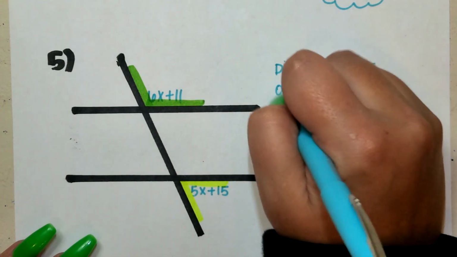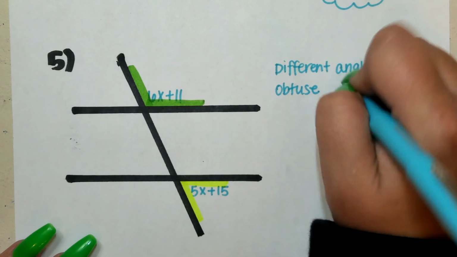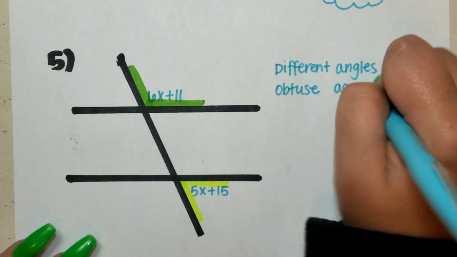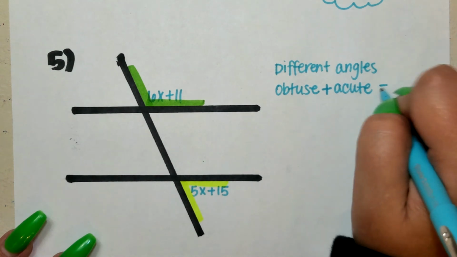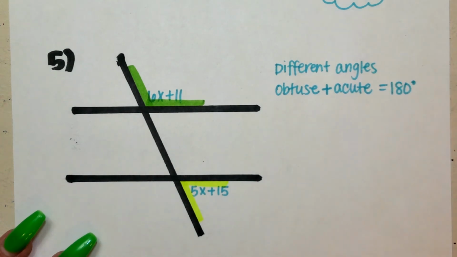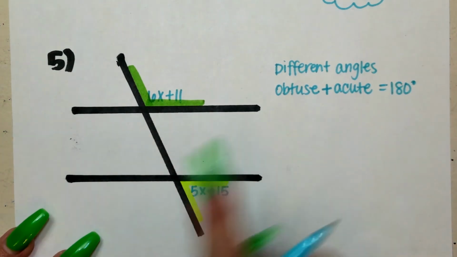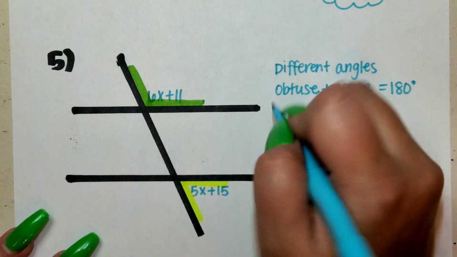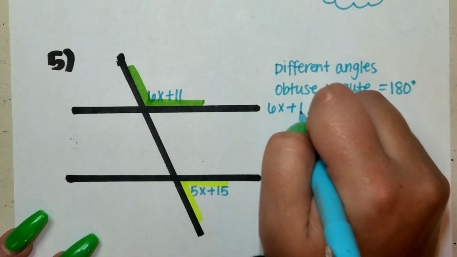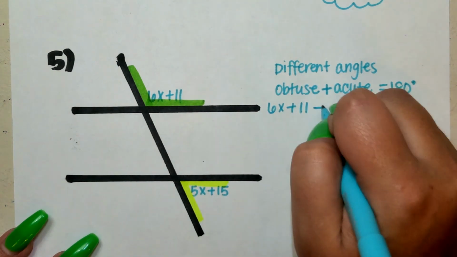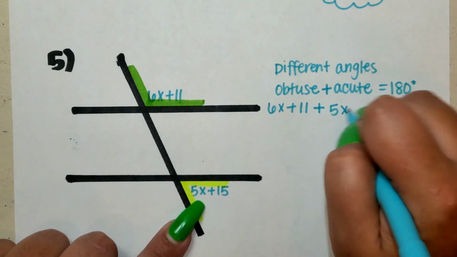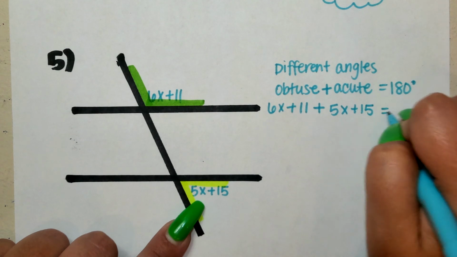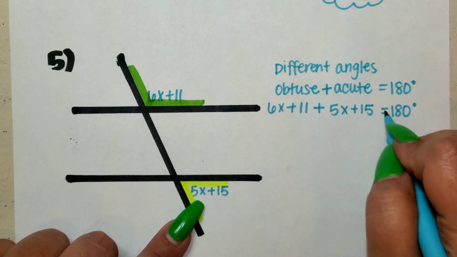One is obtuse, and the other one is acute. And when they are different angles, I add them, and they equal 180 degrees. So my obtuse angle is 6x plus 11. Bring down my plus sign. My acute is 5x plus 15 equals 180.